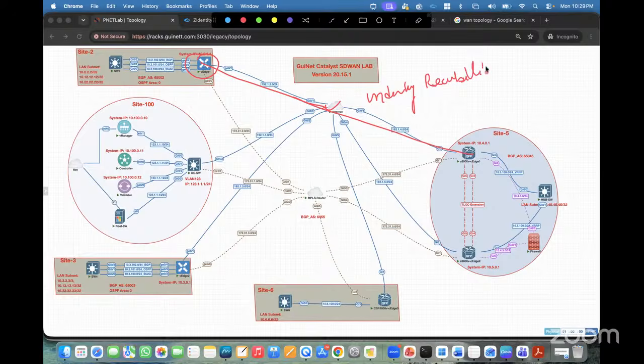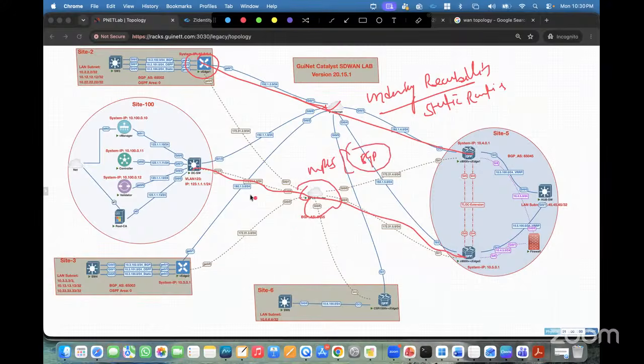To build the underlay reachability via the internet provider, we require some static routing. And if you have underlay reachability via the MPLS, then we are going to configure BGP here. So my BGP is still going to be required here, and my static routing is still going to be required here.